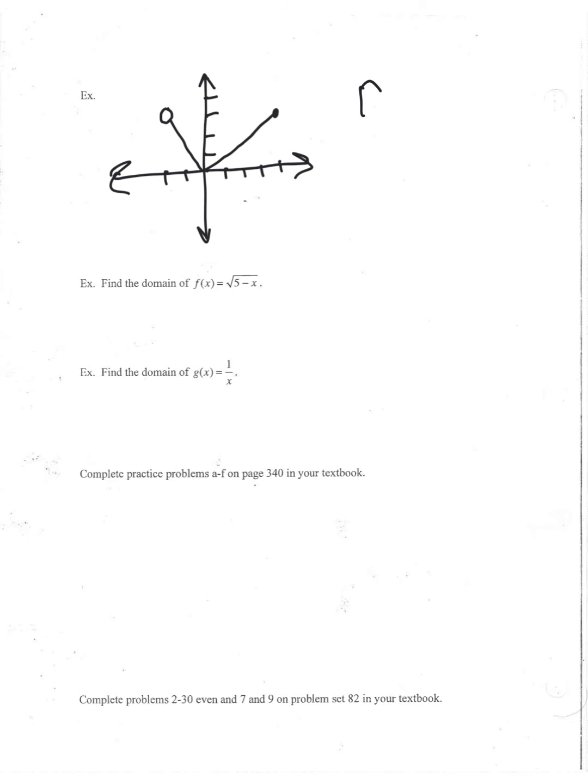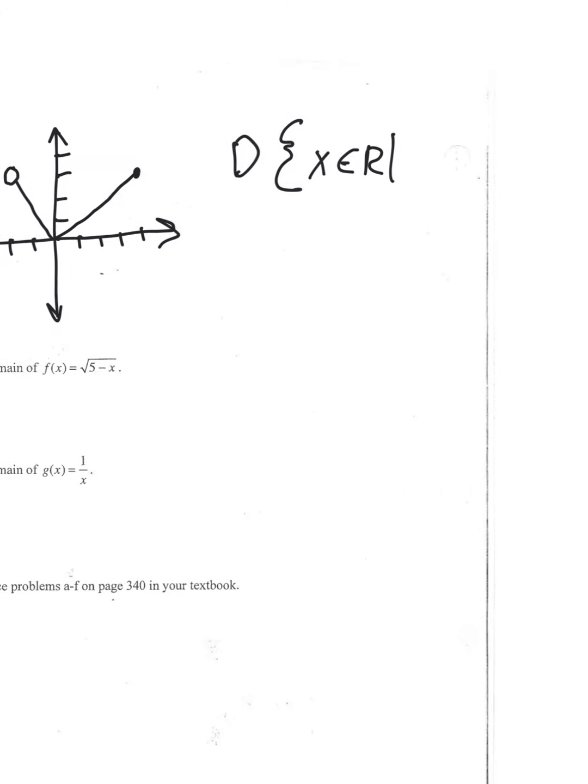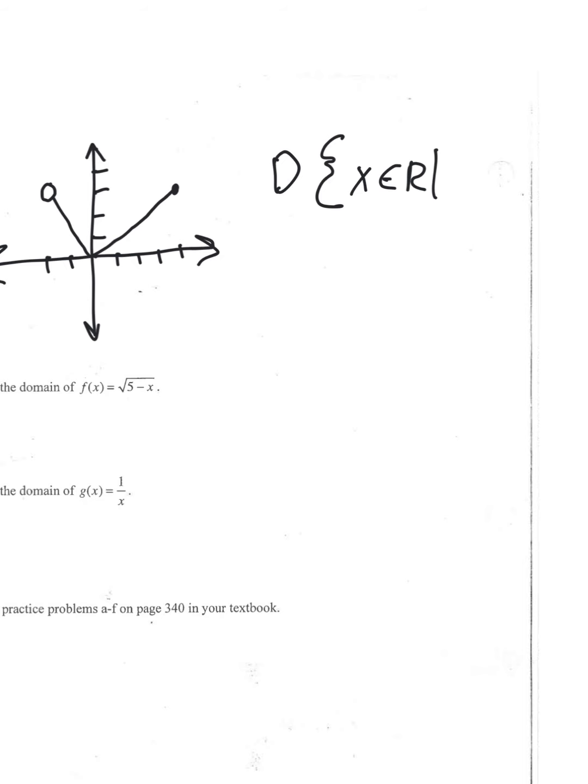And in this case, the domain, well, x is going to be part of a set of all real numbers, right? But the thing about it is that it does have some limits. It's not going to be all real numbers. It's going to be a set of real numbers, and it's looking like it's got to be greater than -2, because that's where this line is. And it doesn't include -2 because we have an open circle there.